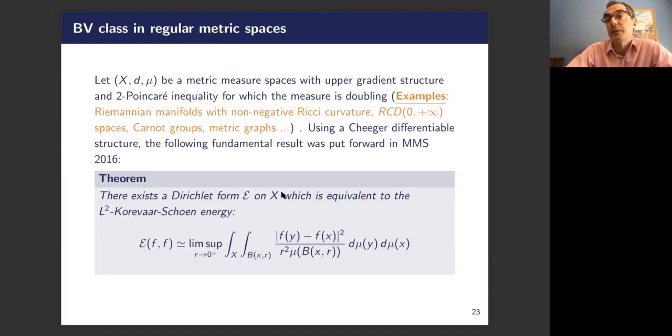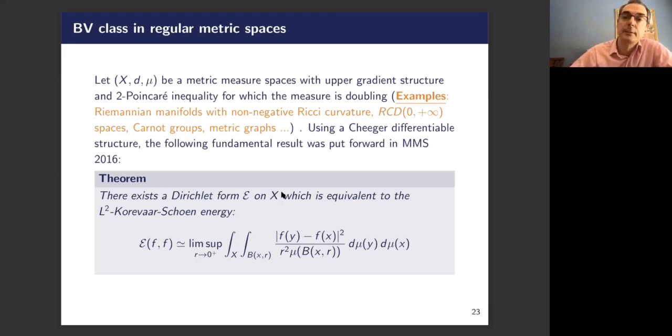But it turns out that using the metric approximation for the square of the norm of the gradient yields actually a Dirichlet form at the infinitesimal level. So this is a connection between the Korevaar-Schoen approach, the metric gradient approach, and the theory of Dirichlet forms: infinitesimally there exists a Dirichlet form which is going to control the L2 energy we are interested in at the beginning.